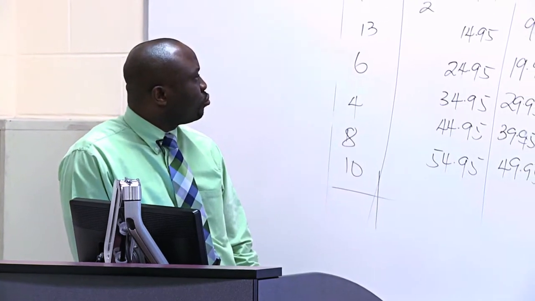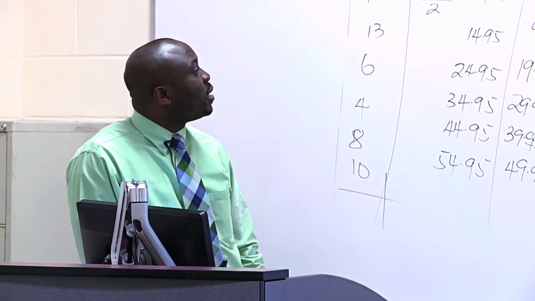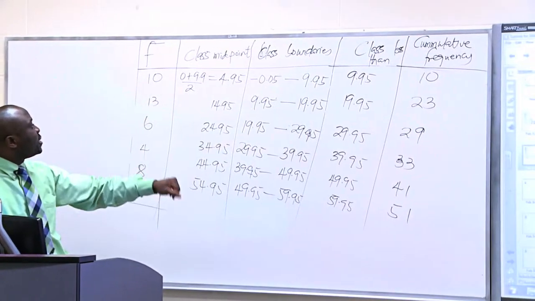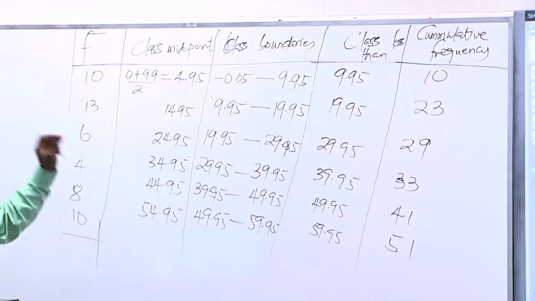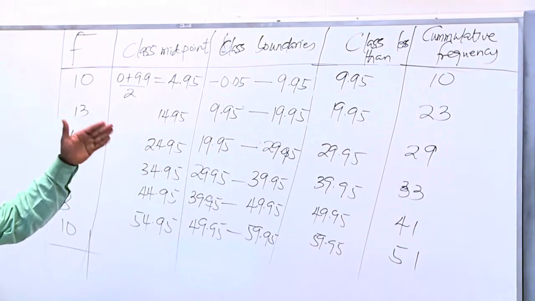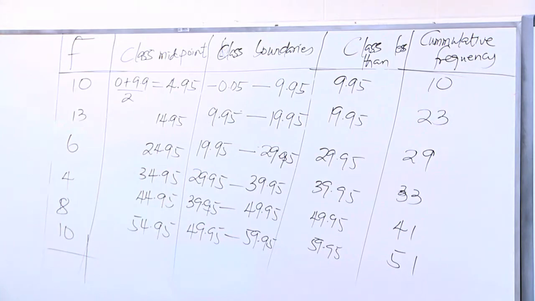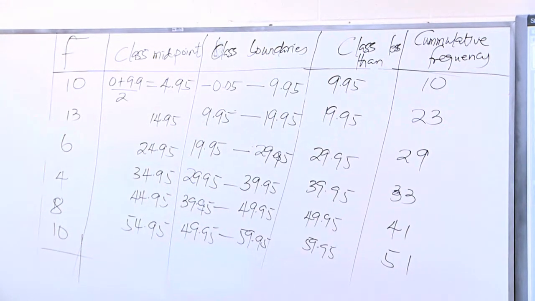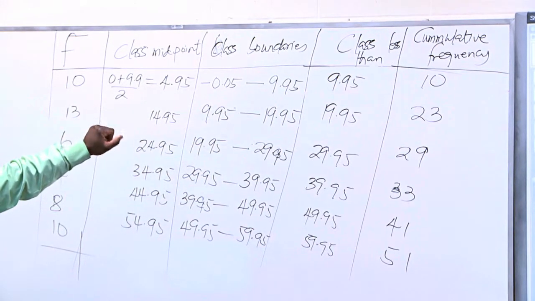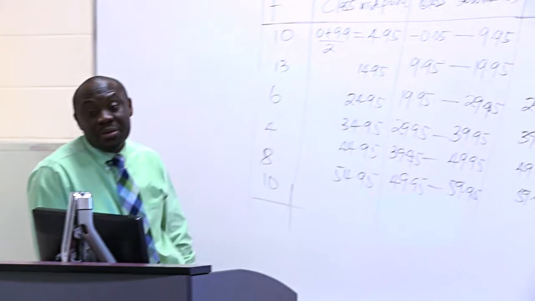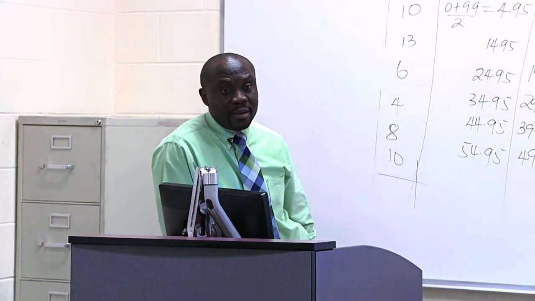Good. So we know a frequency table. Out of the frequency table, one can find a class midpoint, class boundaries, class less than, cumulative frequency, and the rest. Now, there are a lot of graphs that can be constructed out of these, but I'm just concentrating on the histogram because that's the most important thing.